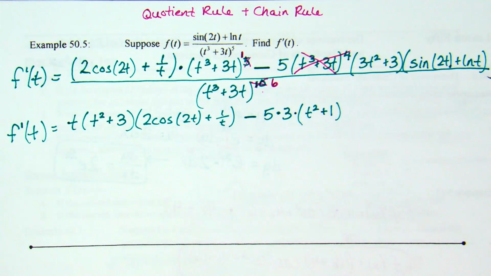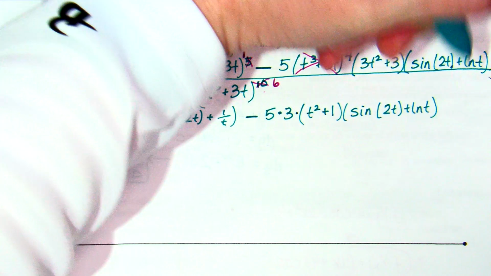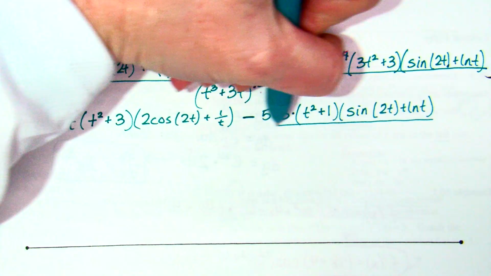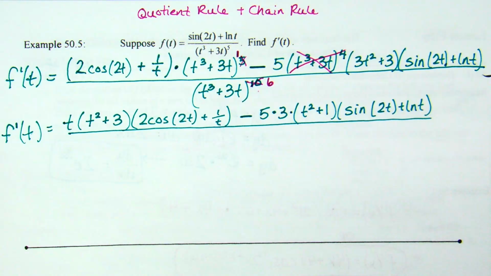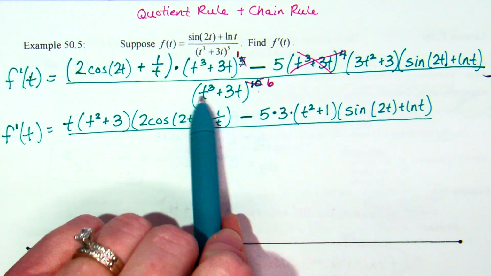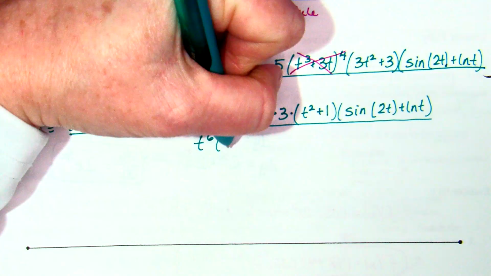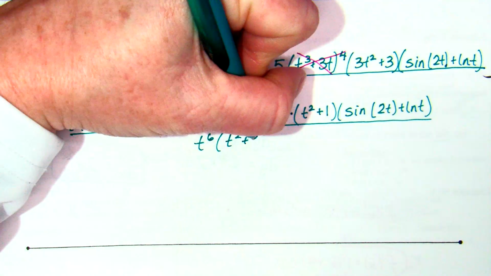And then I still have times sine of 2t plus natural log of t, all over t cubed plus 3t to the 6th. Do we have a GCF here? We have a t, and when we take a GCF of t out, it's going to be t to the 6th. So I can write this as t to the 6th times t squared plus 3 to the 6th.